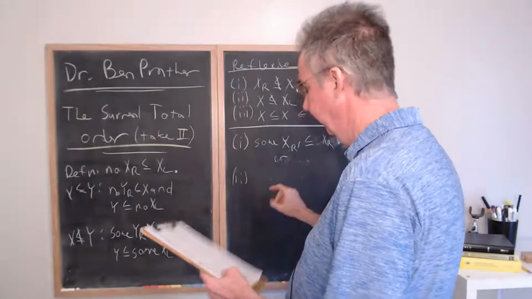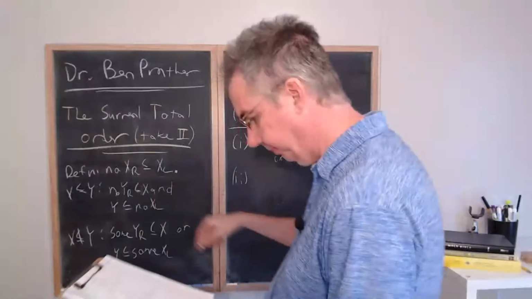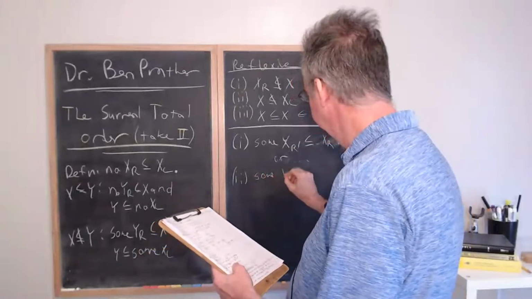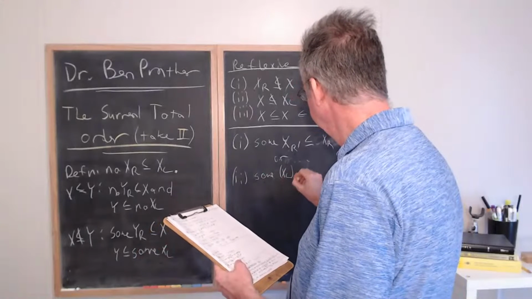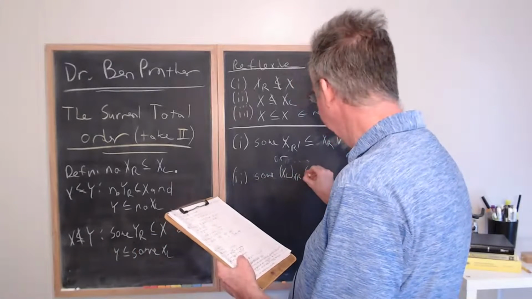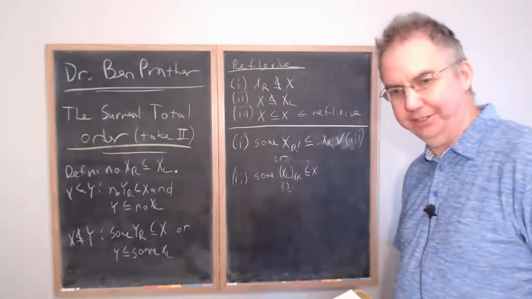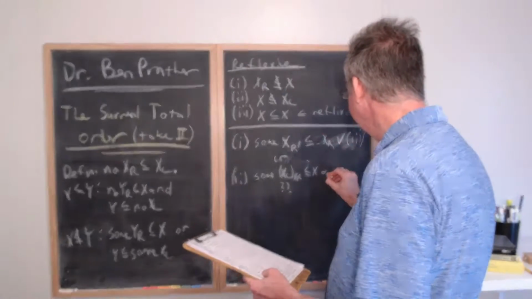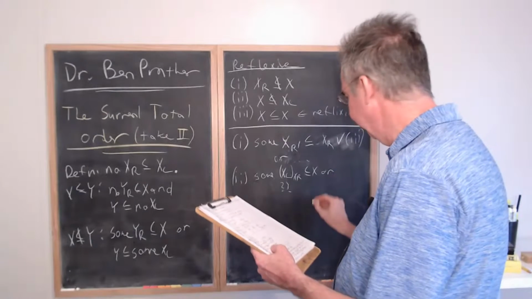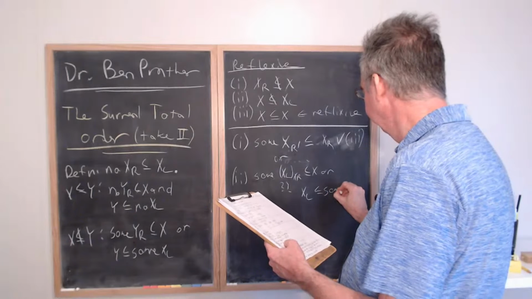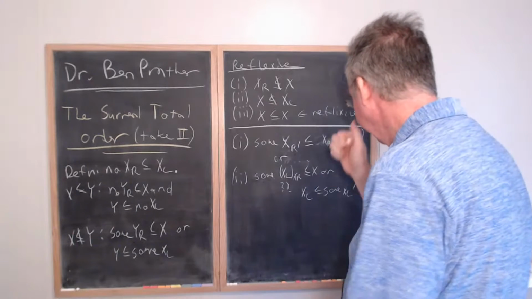some condition, this one here, it actually looks like some right element of the x sub l we chose is less than or equal to x. Well, I don't know if that's true or not. That's a little bit hard to determine. But I have this or statement, and the or statement that I need to check is that x sub l is less than or equal to some x sub l prime.